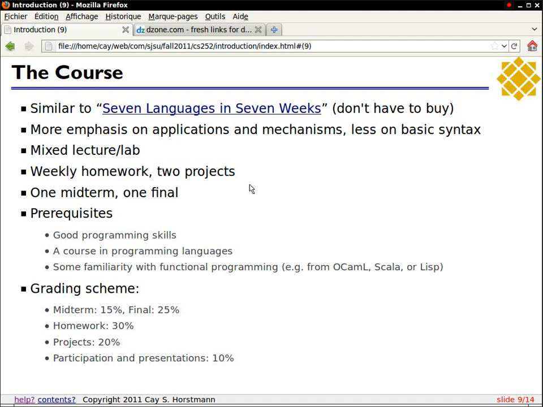But I'm expecting that you have basic programming skills, that you have had a course in programming languages where you have had some familiarity with a functional programming language. Now, that might have been a few weeks, but hopefully more than a lecture.